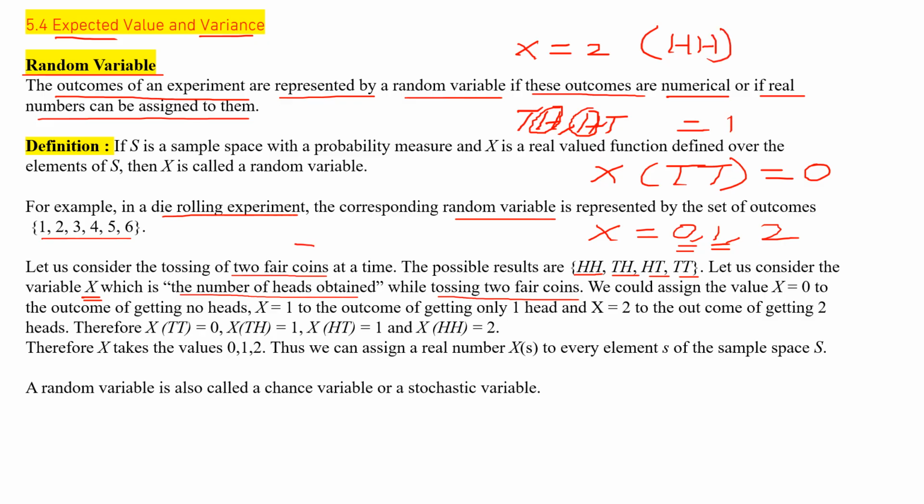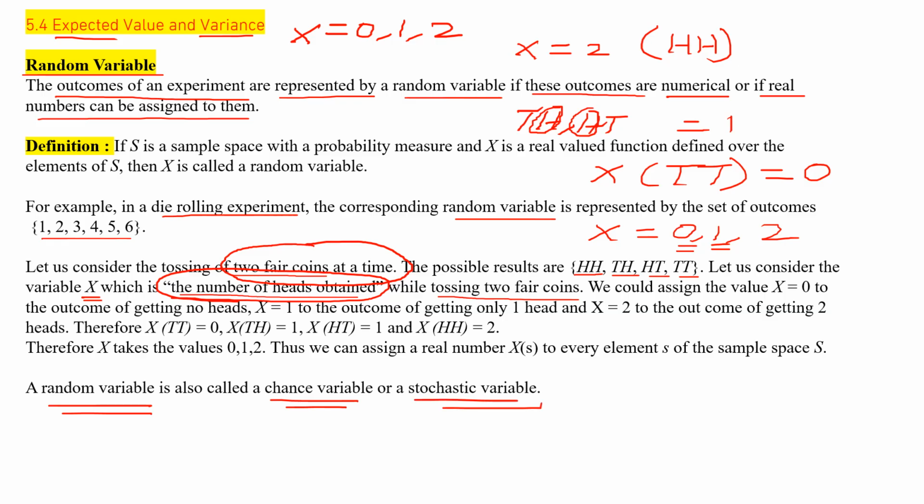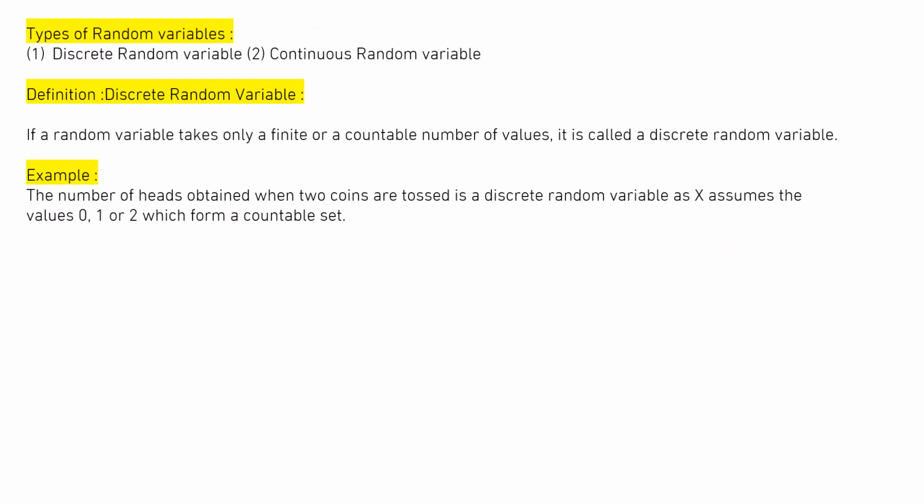So when two fair coins are tossed at a time, the random variable X takes the values 0, 1 and 2, provided we define X as the number of heads obtained when tossing two coins. The random variable is also called a chance variable or stochastic variable. There are two kinds of random variables.